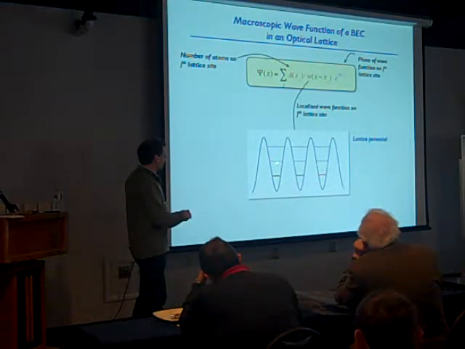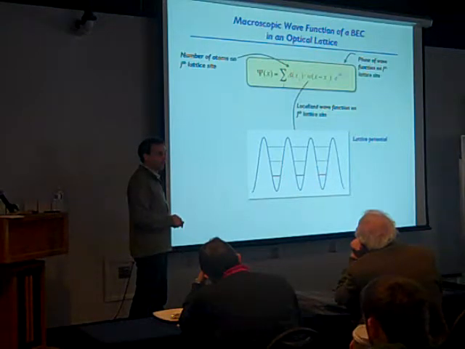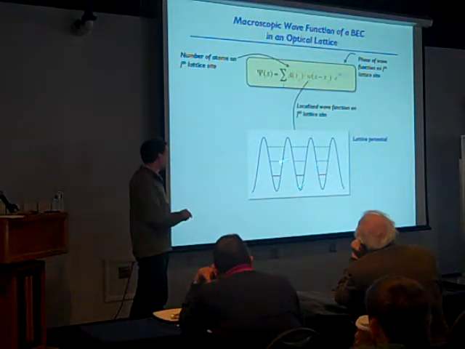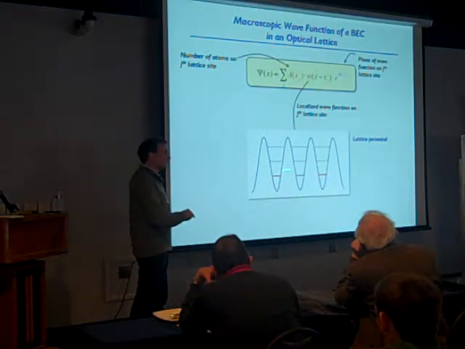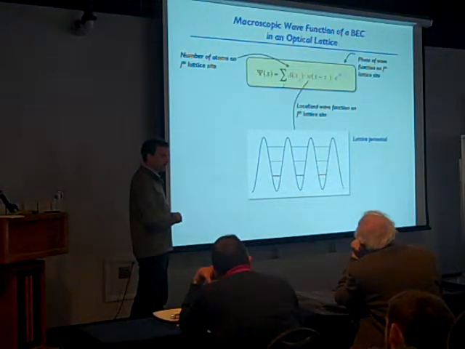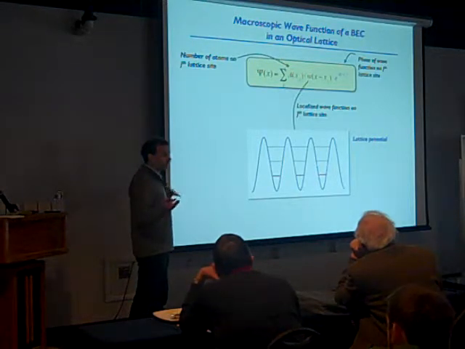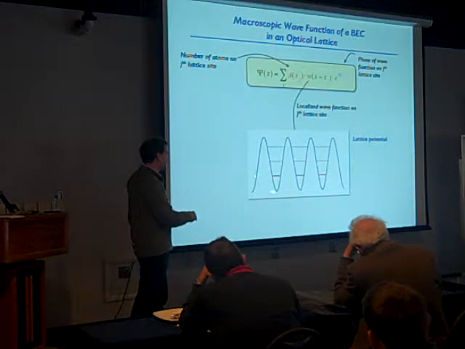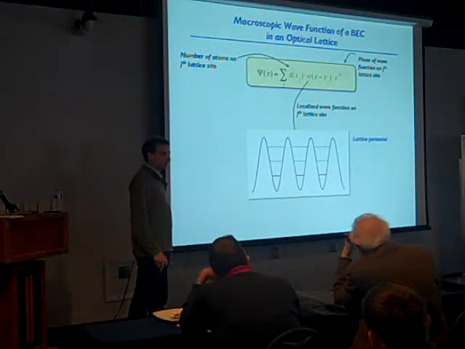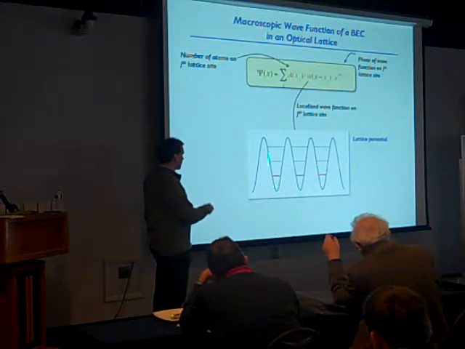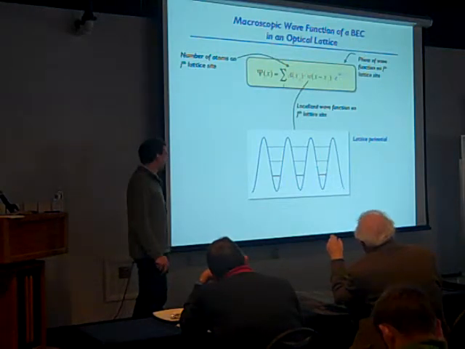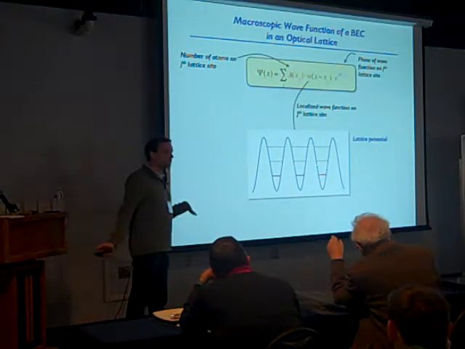If you just load the BEC into such a lattice, you automatically end up with atoms only in the lowest band. That's because we have cold atoms, so they're all in the lowest vibrational state if we treat this locally as a harmonic oscillator. And in a very deep lattice, this is exactly a harmonic oscillator. Okay? Infinitely deep lattice.